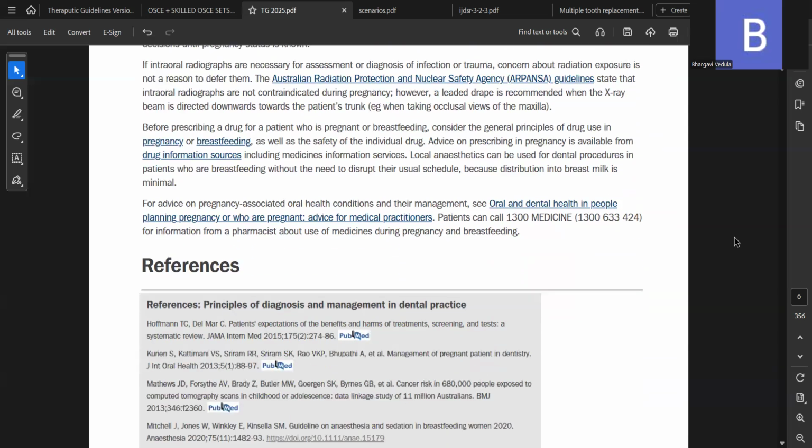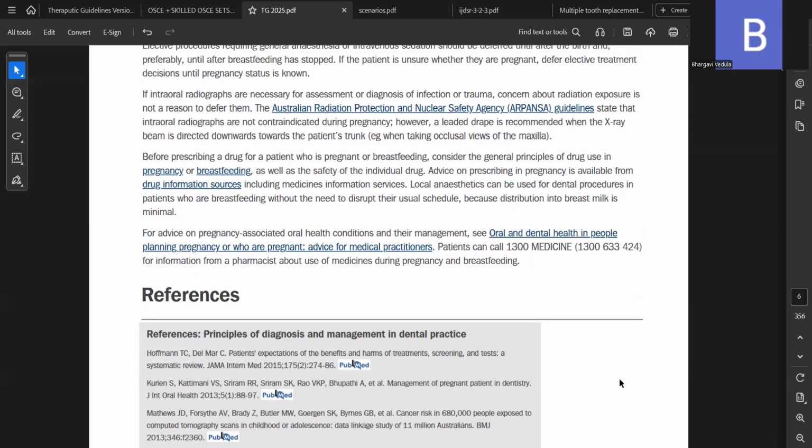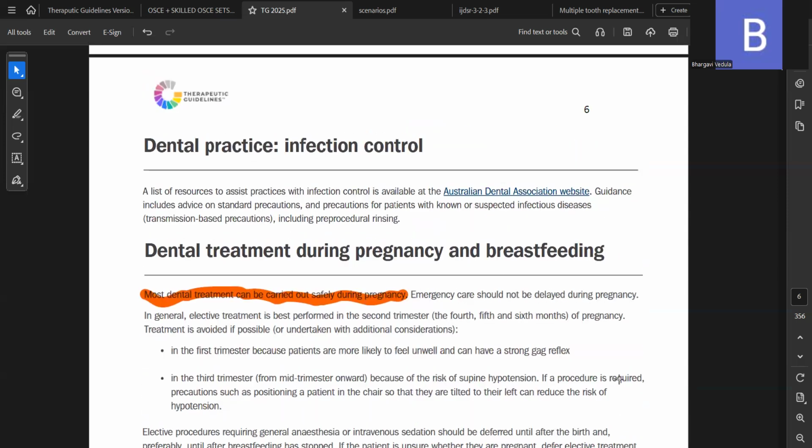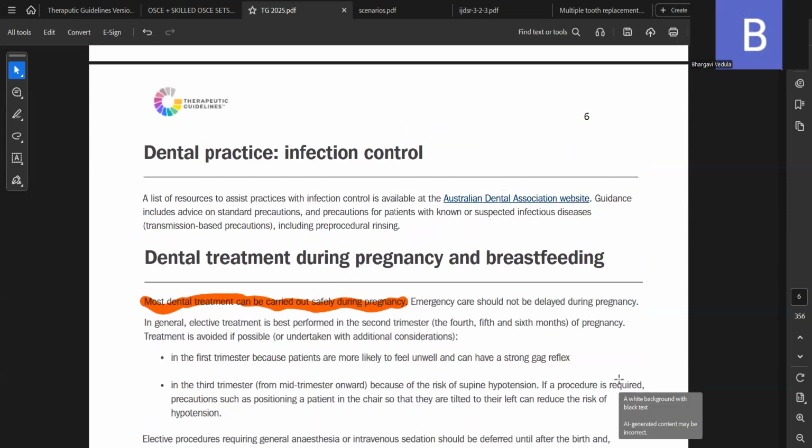But yes, this is the chapter on principles of diagnosis and management in dental practice. We should keep all these things in mind when we are practicing. We have to know the basic principles of diagnosis and management, like establishing the diagnosis, treating the acute condition, addressing the cause, addressing the effect, restoring the normal function, monitoring healing and regular monitoring.